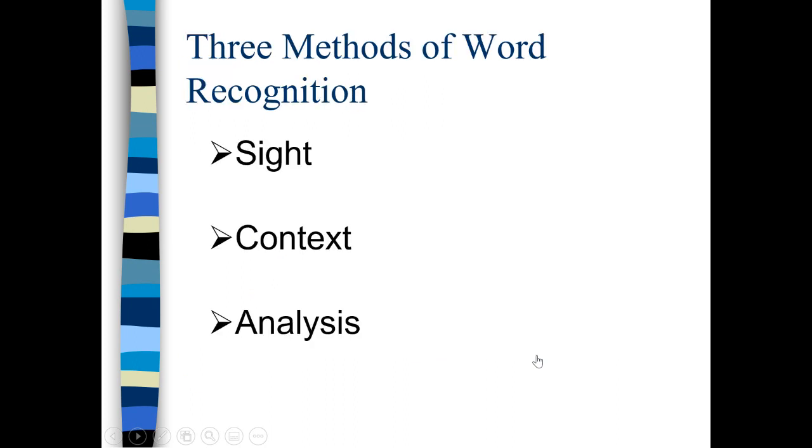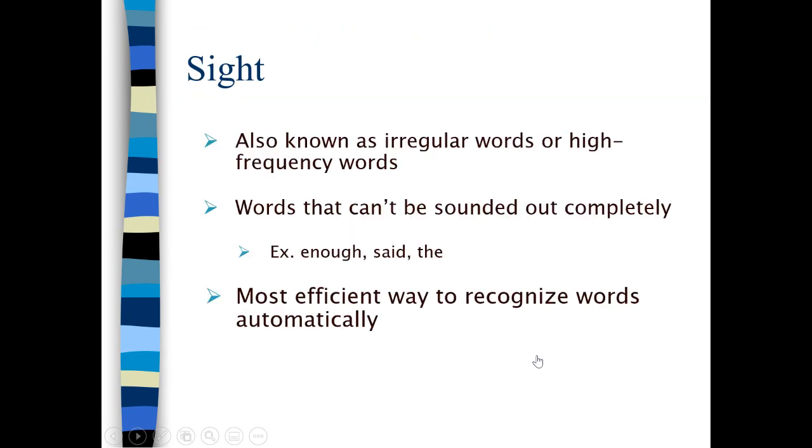When we're looking at words, we are recognizing them in a couple of different ways. We recognize words by sight, we recognize words in context, and we recognize words through analysis of the word itself, and that's looking at the etymology of the word. You've heard about sight words. These are those irregular words that are high frequency enough that you're going to hear and see and use them all the time.